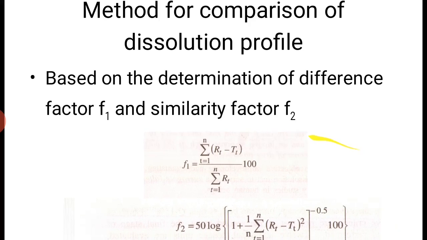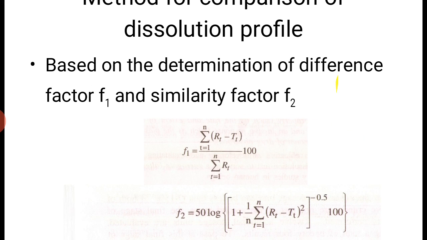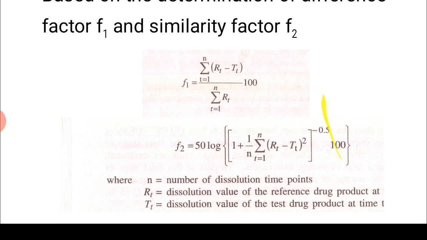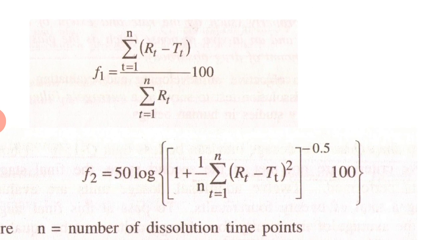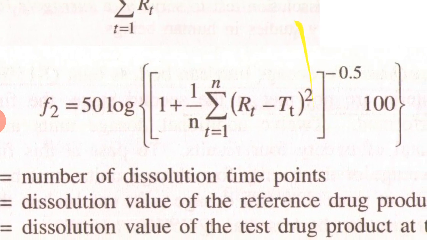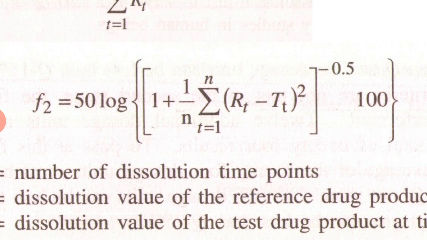So this gives the value of F1, and here is the equation for F2. It's a few more steps to perform, but here also you just have to substitute the values. The variable n indicates the number of tablets. How many tablets you perform the dissolution on, that is a minimum of 6 tablets.